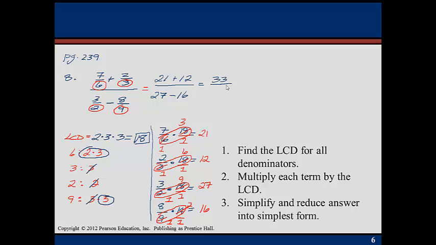And then 27 minus 16, well, that is 11. And of course, we have to write our answer in simplest form. So 33 over 11, I can divide both by 11. And I'll end up with 3 over 1, which is 3.